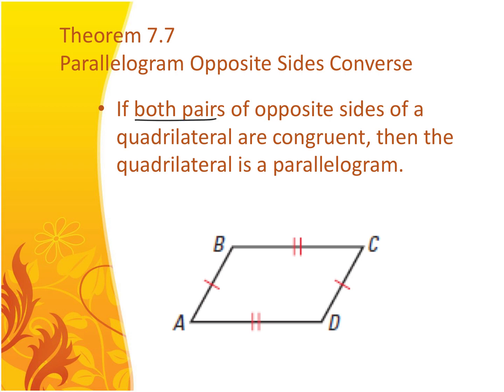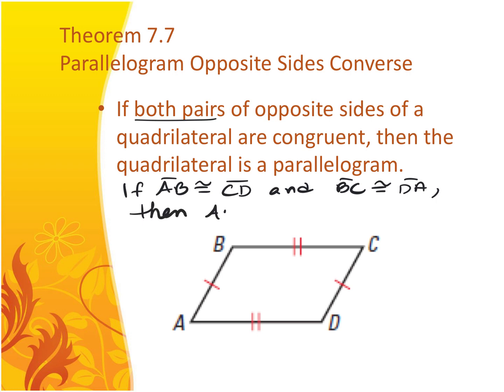So the statement I can make from this picture is if AB is congruent to CD and if BC is congruent to DA, then we can state that ABCD is a parallelogram.